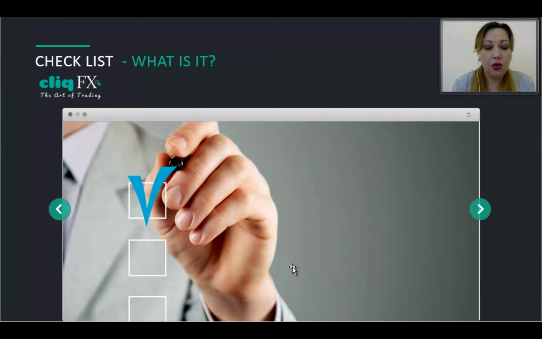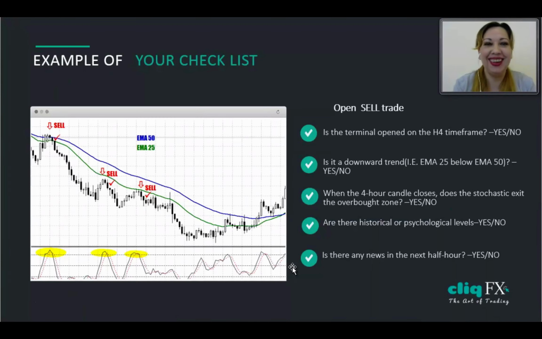You will be surprised, but this is an ordinary sheet of paper where you tick each of the conditions, and if at least one of them is not fulfilled, you don't enter the markets. How do I make this checklist? You need to take the rules of your personal trading strategy and turn them into a list of items to which you can simply answer yes or no.